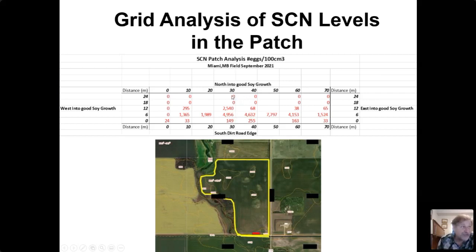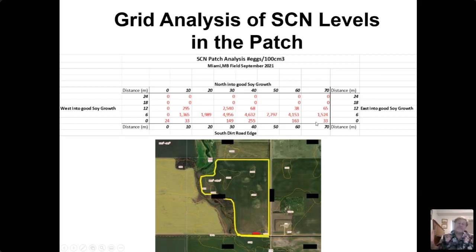And if you go into the green area, a nice, good-looking soybean, when we sampled, it wasn't green, it was maturing, 0. And same over here on the edges. But right along the roadway, a low amount, which is quite interesting.